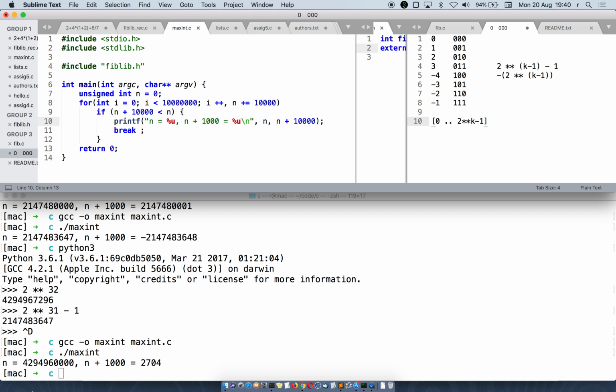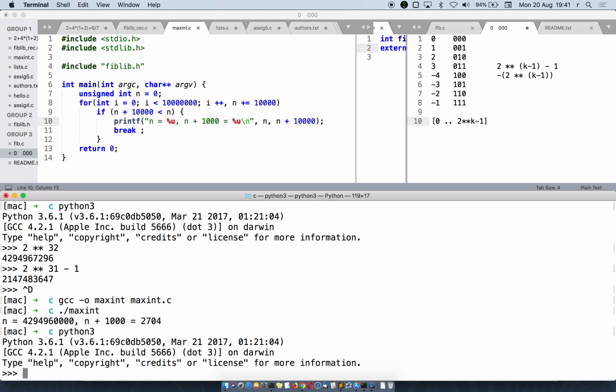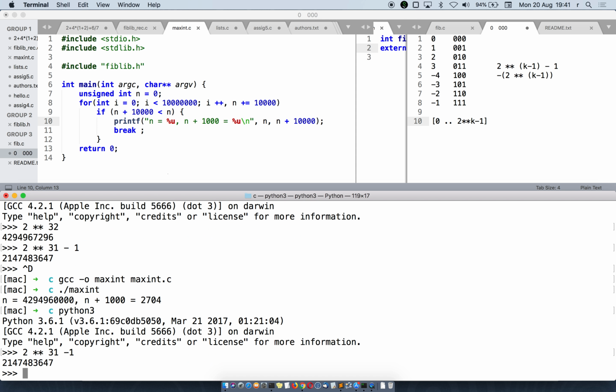So there will be a number which, when we add anything to it, will result in something smaller than it. And going to Python 3, since I told you already that it's 32 bits, we can find out what the number is. Right, is this value.